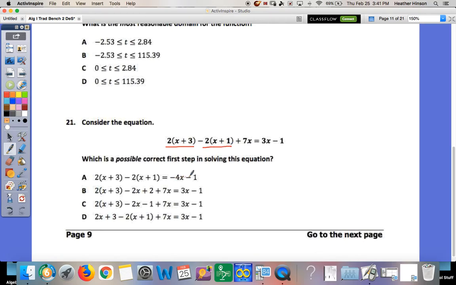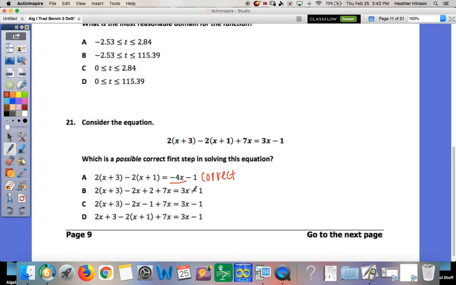And then we got negative 4 plus 1. So we got rid of this positive 7x, and we changed that 3x. How did we do that? Well, they just subtracted the 7x over. 3 minus 7x is negative 4x, and then they brought the negative 1 down. That is correct. That is a legit step that you can make first.